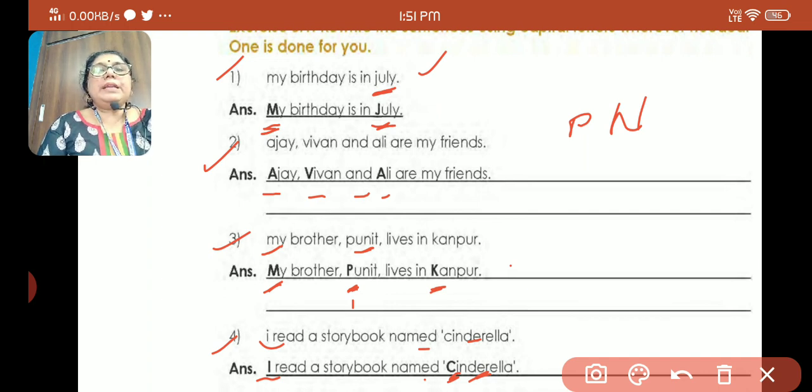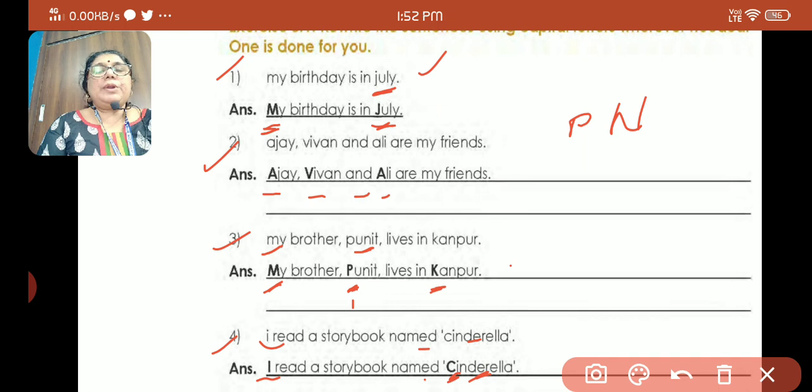Ajay, Viveen and Ali all begin with the capital letter. Why? Because they are proper nouns. Now my is the beginning of a sentence. So it begins with a capital letter. Punit, why do we begin with the capital letter? Because it's a proper noun. And Kanpur, again it's the name of a place and it's a proper noun. So we begin with the capital letter.